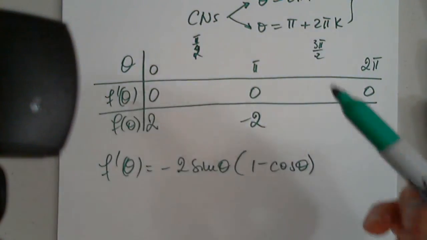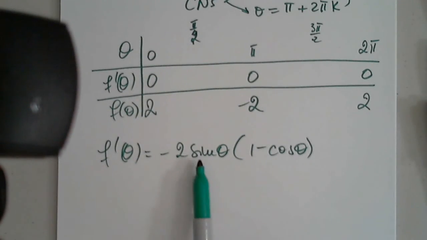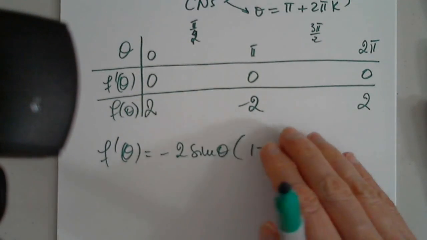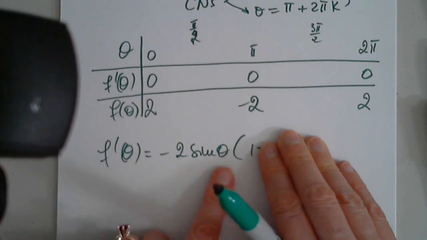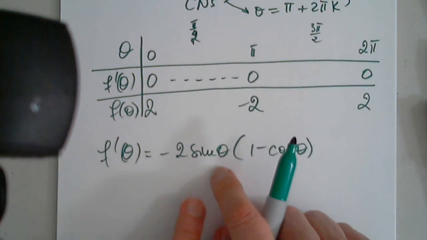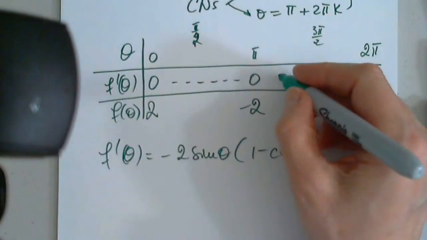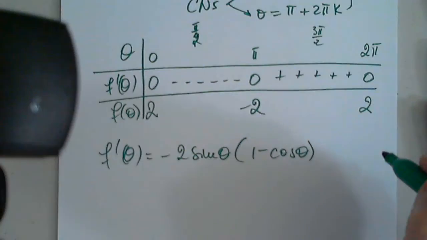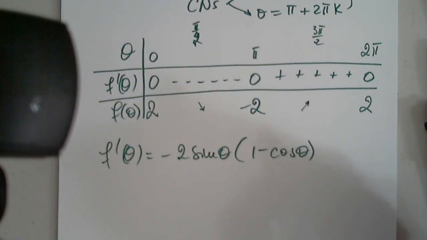That's the easiest. Okay, when I plug in pi over 2, this is 0, and this is 1. So this will be negative. When I plug in 3 pi over 2, this will be negative, this will be 0, negative, so this will be positive. So yes, it's decreasing, and yes, it's increasing.